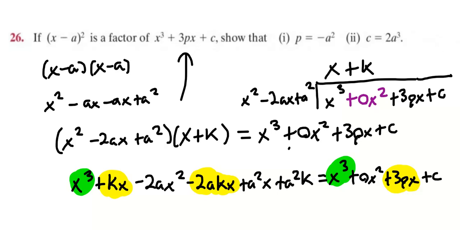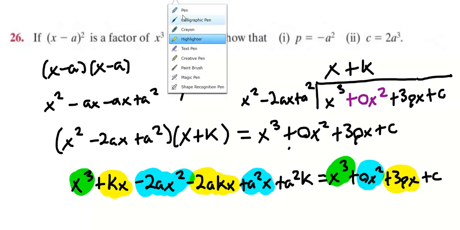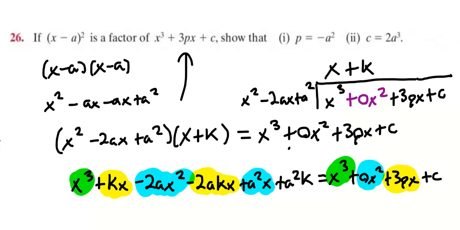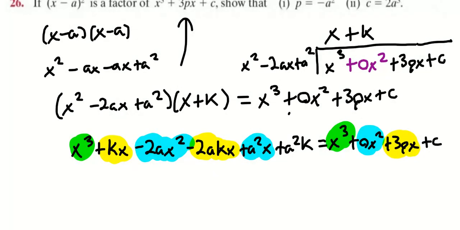There's your yellow ones. So, using the yellows, if I look at the yellows, it's k minus 2ak.